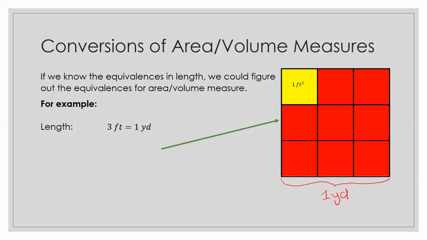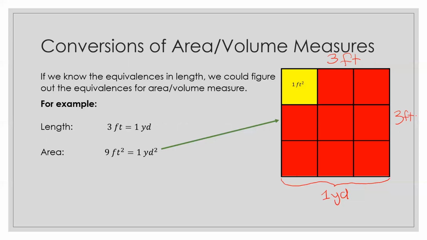And that is 9 because you have 3 feet by 3 feet, right? So that means that the area equivalency between feet and yard would be 9 square feet is 1 square yard, right? So the shortcut most people would say is you just square both sides, but that's how you would visualize that, okay?